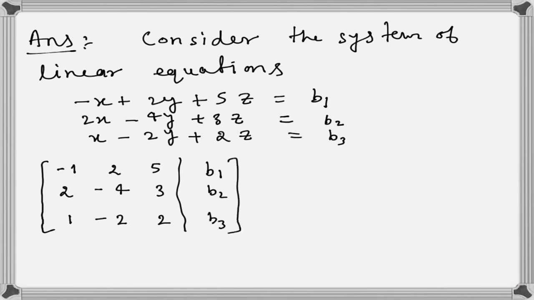Now let's apply some row operations. For example, let's apply this transformation: r2 goes to r2 plus 2 times r1, and r3 goes to r3 plus r1. Let's see how this matrix gets reduced.